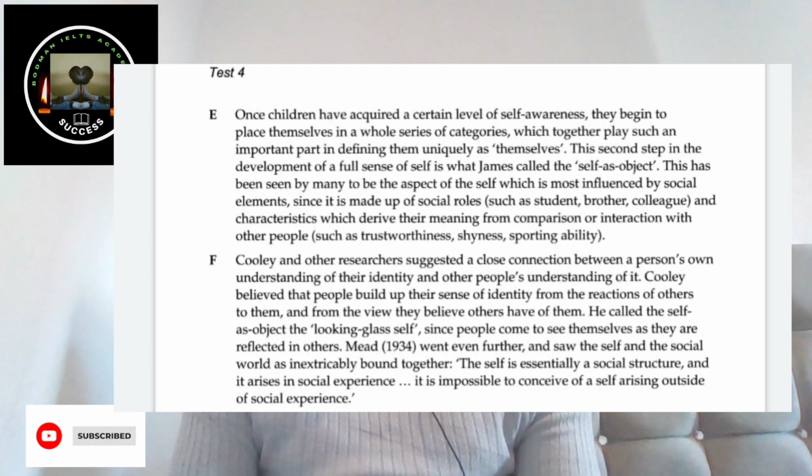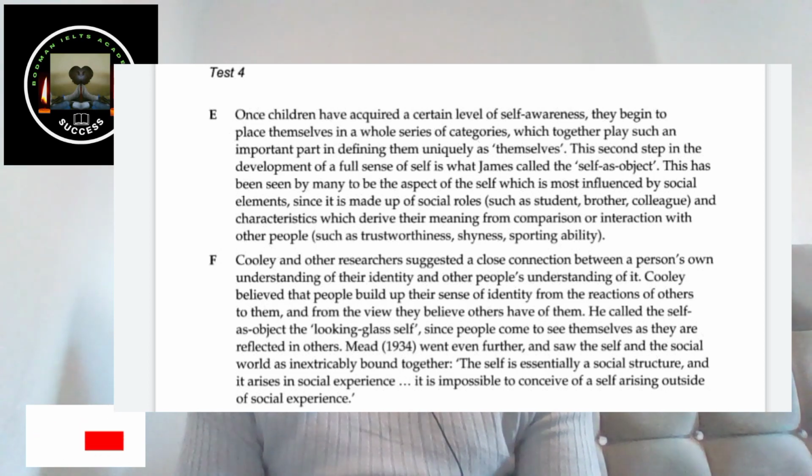The self is essentially a social structure and it arises in social experience. It is impossible to conceive of a self arising outside a social experience. So he's saying self and social world, they are bound together.